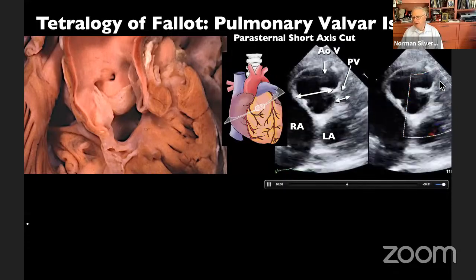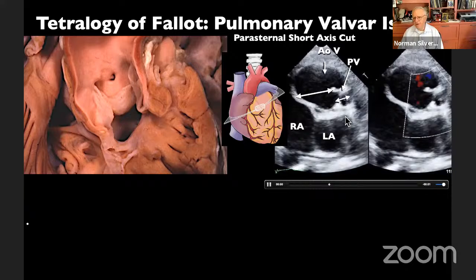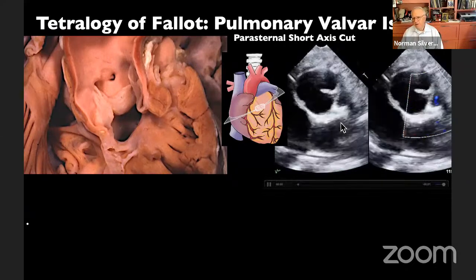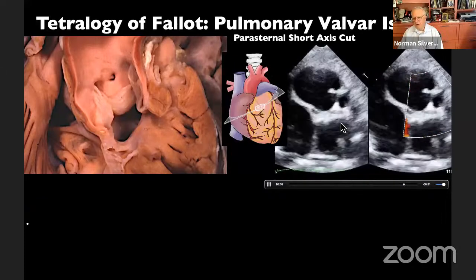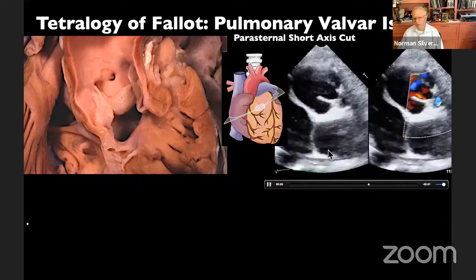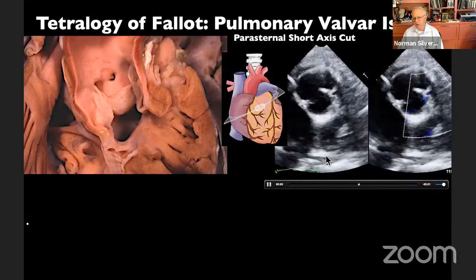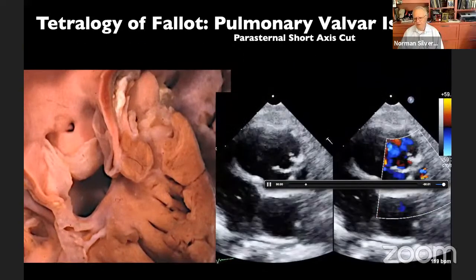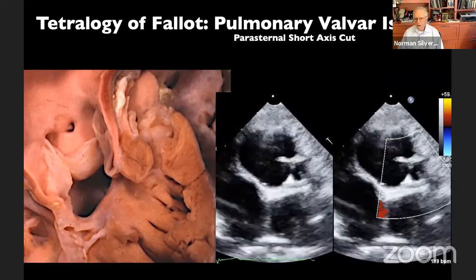And you can see little aspects of the leaflets of the pulmonary valve in this diminutive pulmonary artery. Probably this is small enough that a conduit would clearly be considered, or a big transannular patch with all of its attendant problems as well.